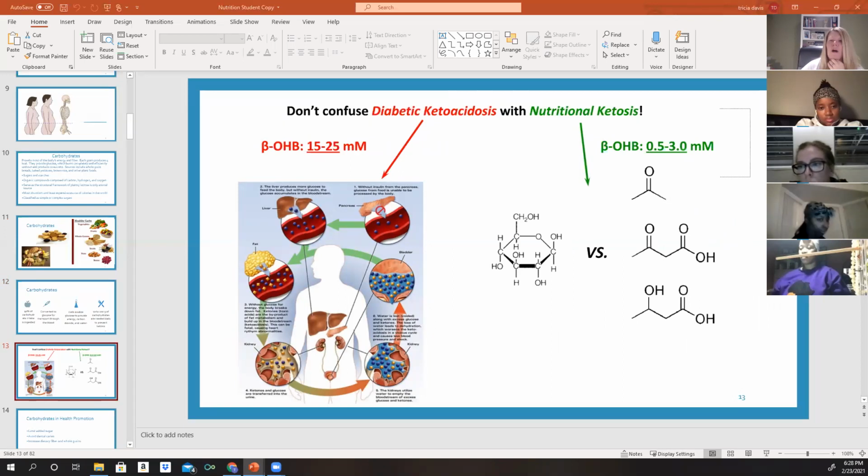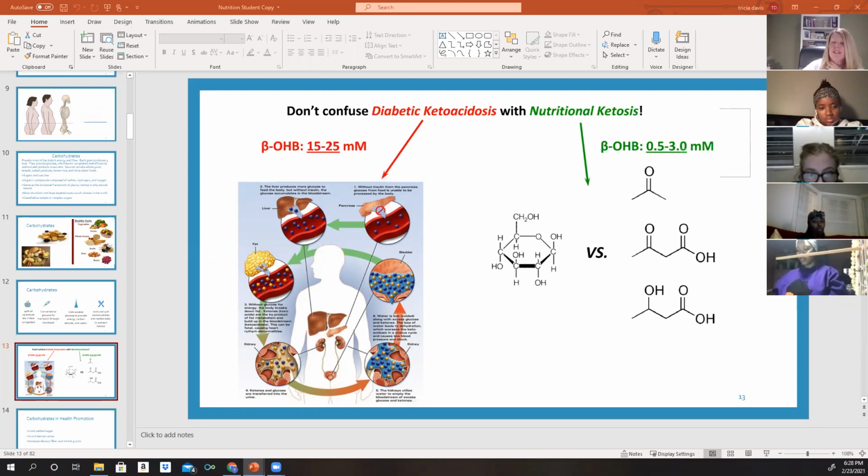All right, so nutritional ketosis and DKA are completely different. DKA, which is diabetic ketoacidosis, is very dangerous, and it can potentially be life-threatening.